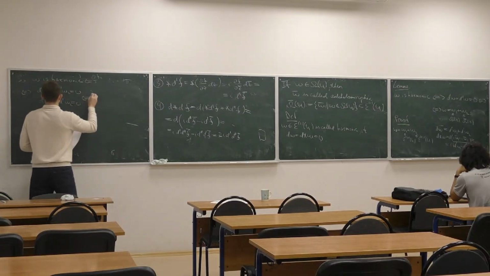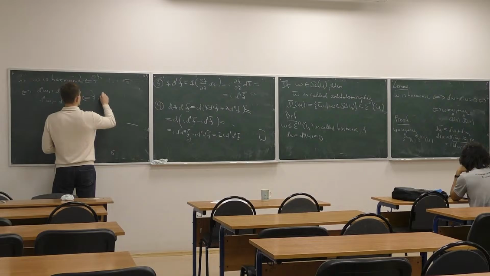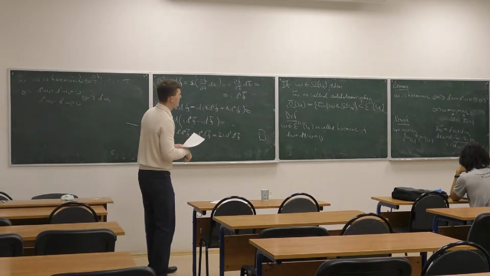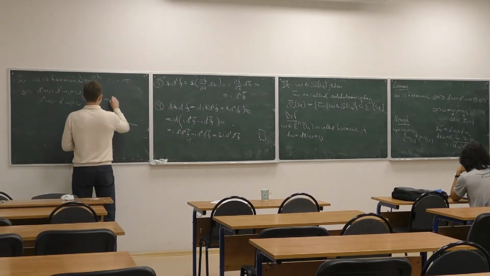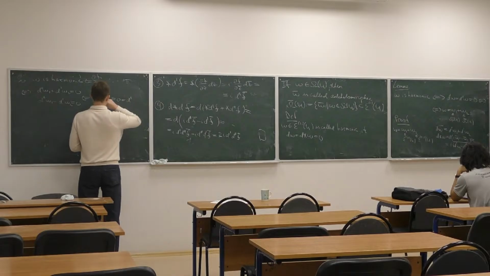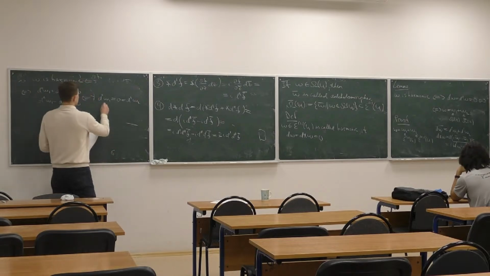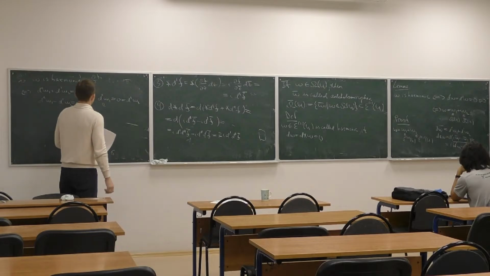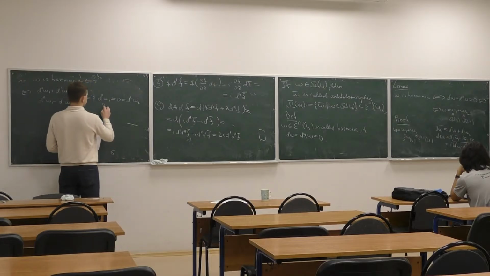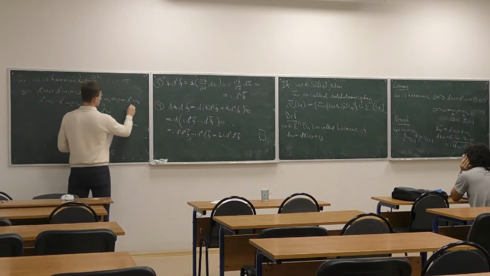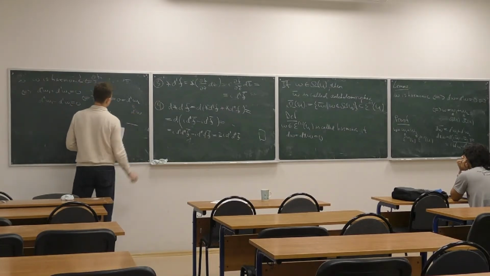Which is of course equivalent to the fact that d double prime omega 1 equals 0 equals d prime omega 2. But this is of course equal to d double prime omega, and this is equal to d prime omega.